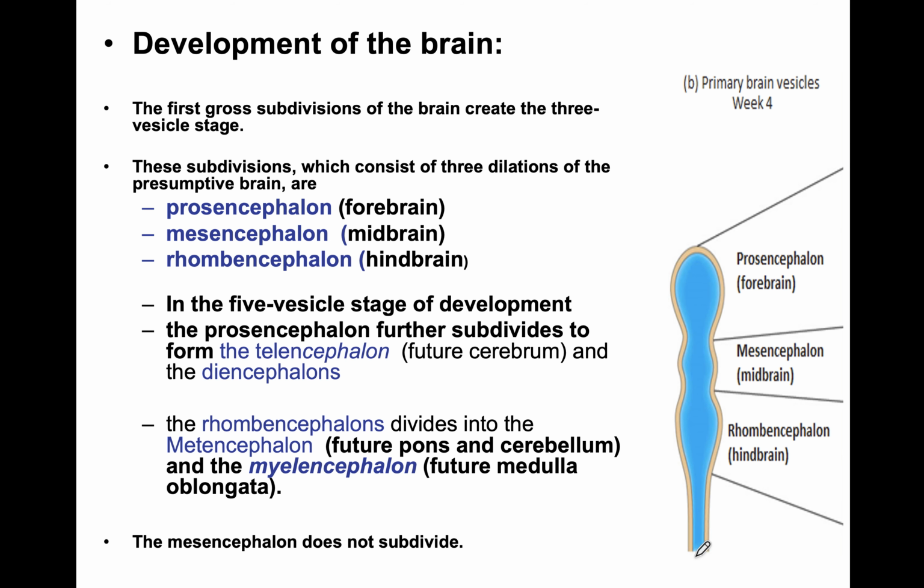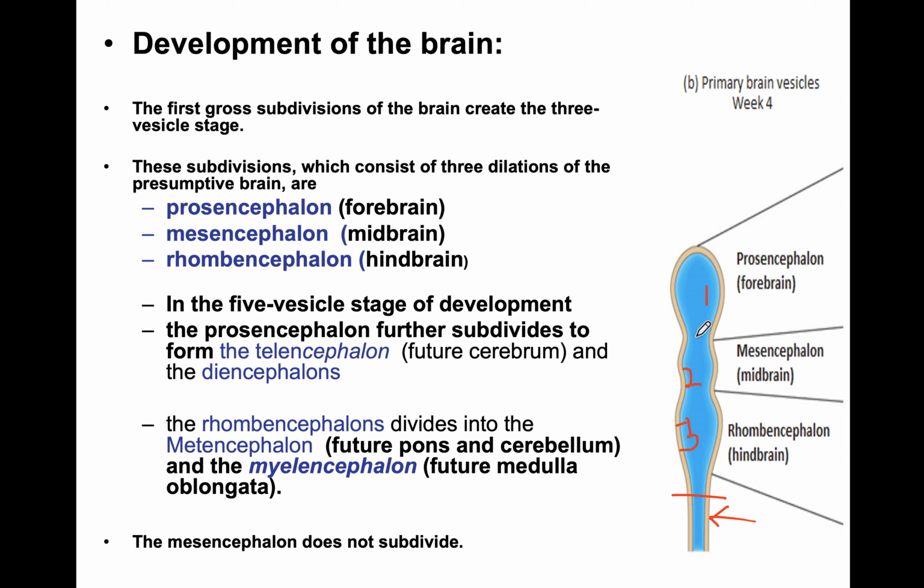The development of the brain is a little bit different. We saw before that the spinal cord is formed from a tube, whereas the brain develops instead into three physicals, or vesicles: 1, 2, and 3.